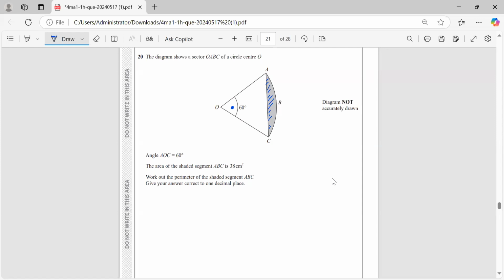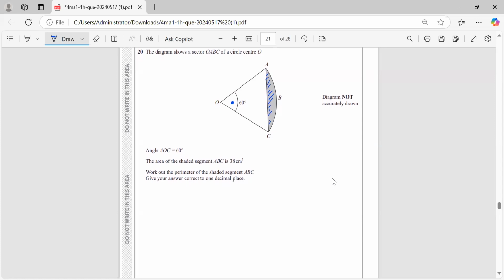So the first thing we have to do is probably find these two lengths, OA and OC. We know that the length of OA and OC is also equal to the length of AC, right? And then we can use that to also find the length of the arc AC.